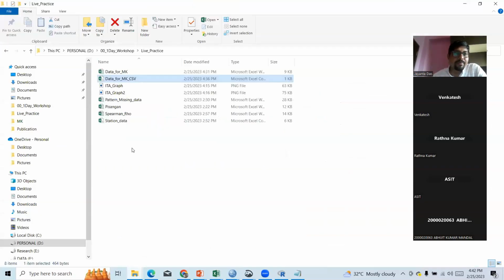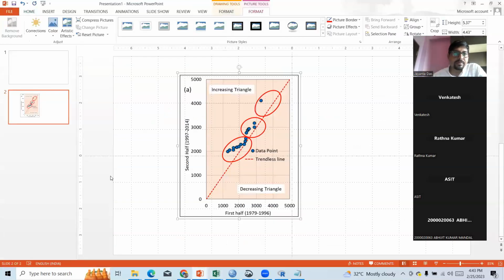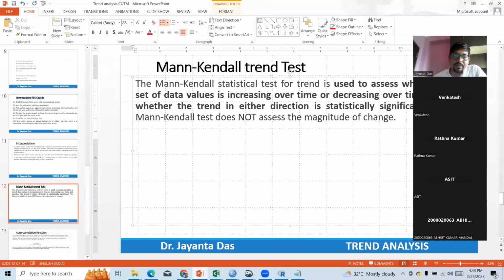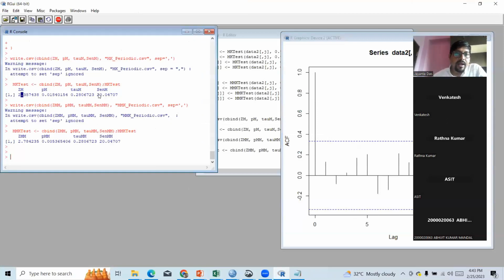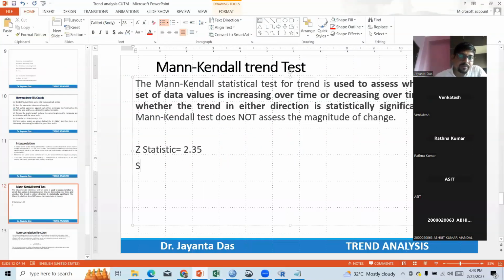So the Z statistic is 2.35, right? And Sen's slope is 20.04 mm per year.